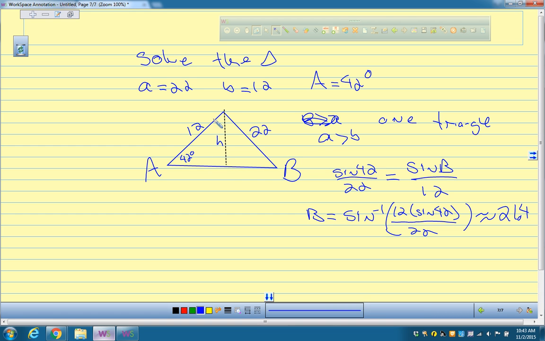And then you could figure out what this angle is up there, right? And then we'll call this, so this is 22.4. You do a little geometry, and you figure out that angle C is about 116.6, and then you could say sine of C is to little c as sine of A is to.